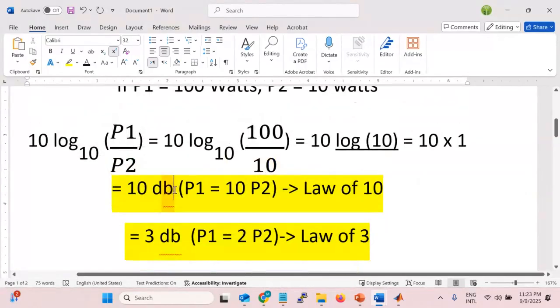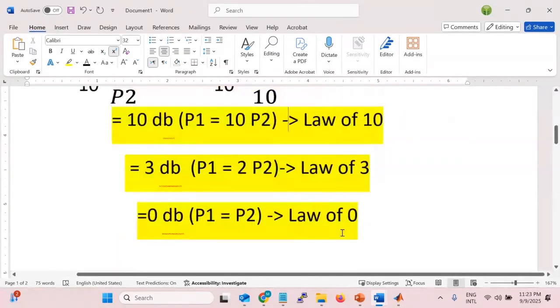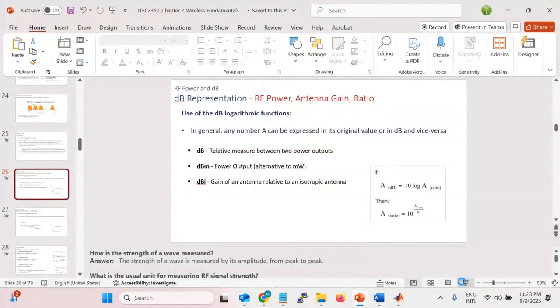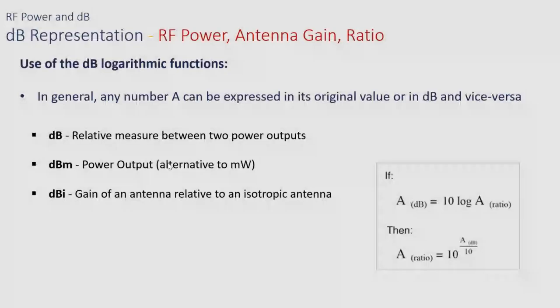If the result is 10 dB, this means that P1 equals 10 times P2. This is the law of 10. Okay? So this is the meaning of decibel: a relative measure between two powers. I'm measuring power 1 in comparison to power 2. This is dB, a relative measure.